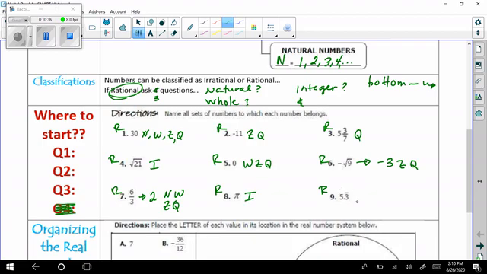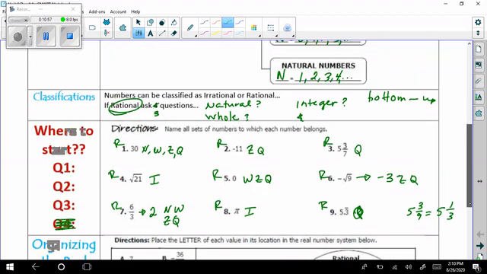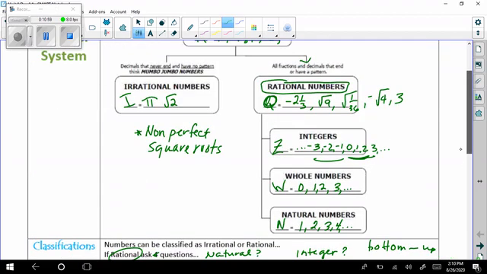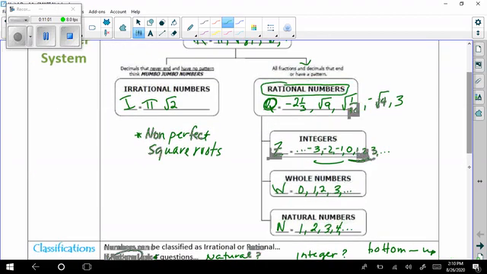If it's 0.3 repeating, that's actually 3/9, which gives me 1/3. So it's a nice fraction, so it's a rational number. It's not an integer. Make that a nice Q. It's not an integer because it has a fraction or a decimal behind it. However, it is a rational number.